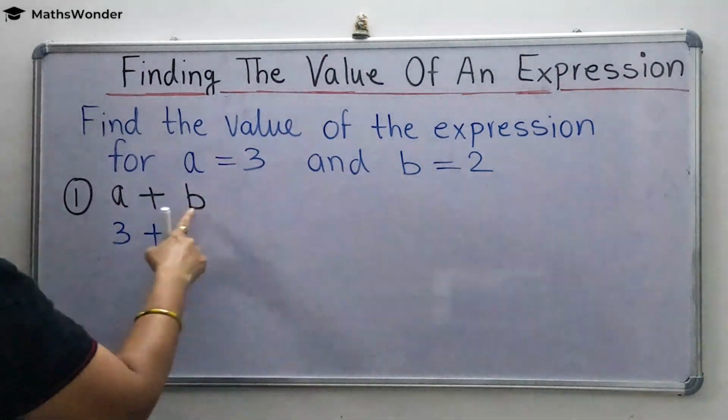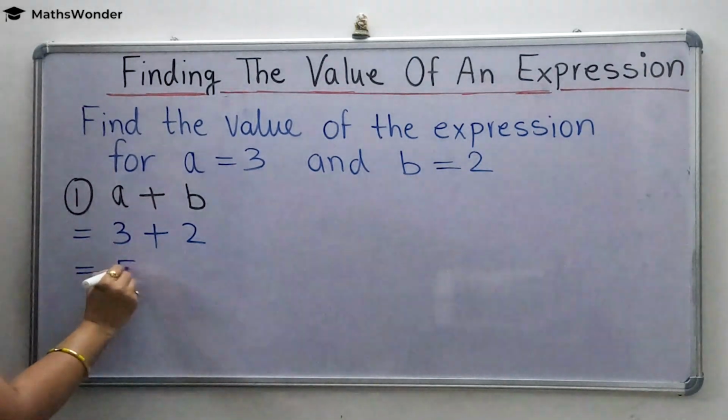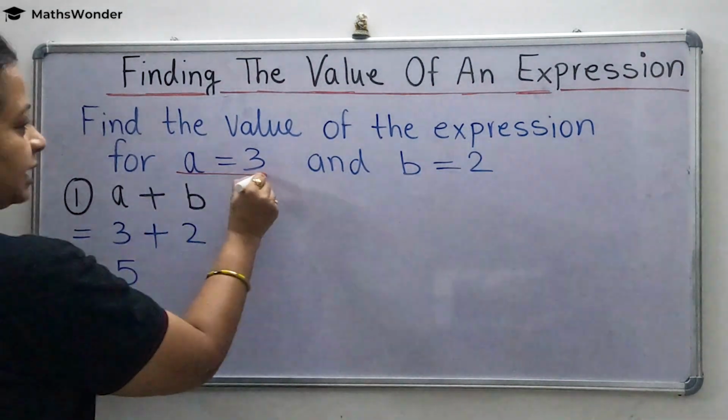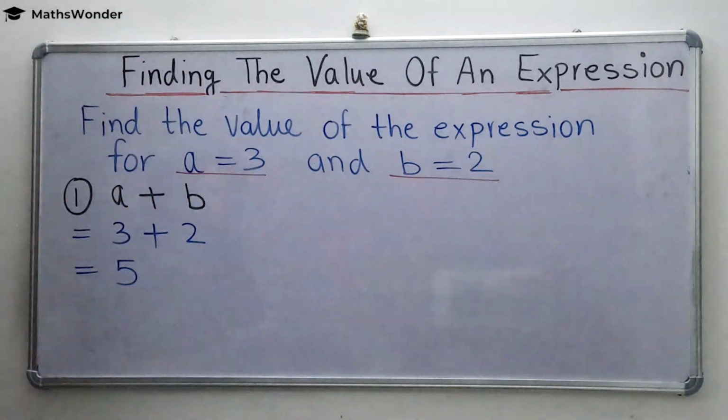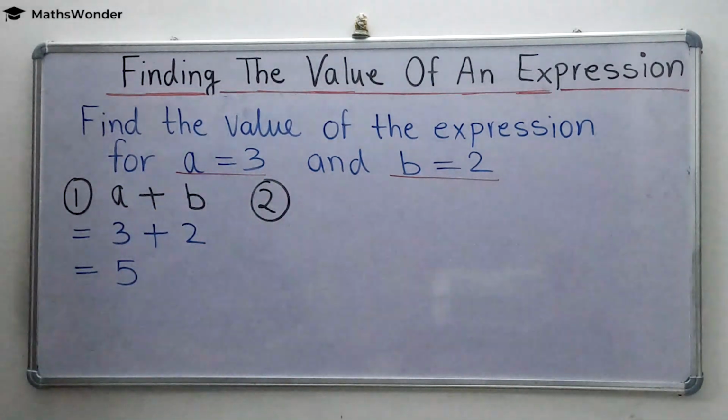And the B value you will substitute in place of B, which is 2. And when you add it, you will get 5. So if two values are given, you will check in the expression which variable it is, and according to your variable, you will put the values.